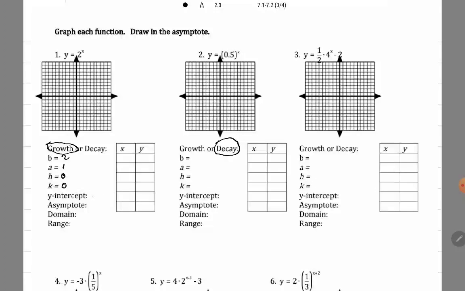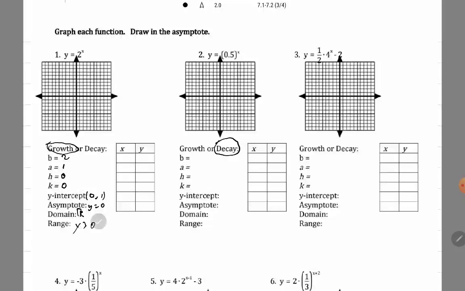So our y-intercept is 0, 1. All you do is plug in; you just find out where it crosses the y-axis. Asymptote: this is y equals 0. Domain, all real numbers. Range, y greater than 0.